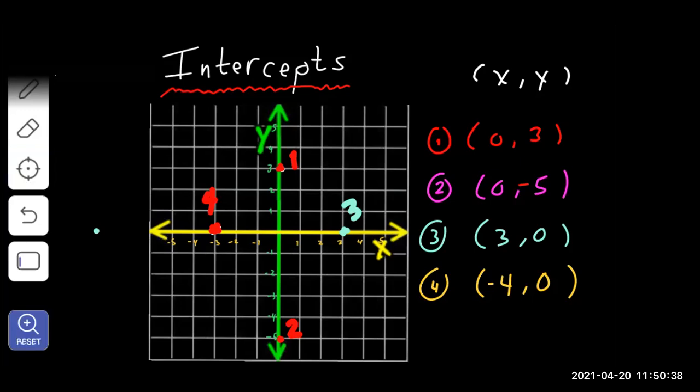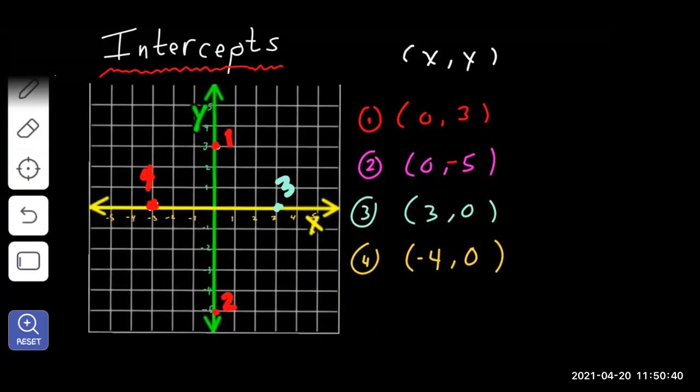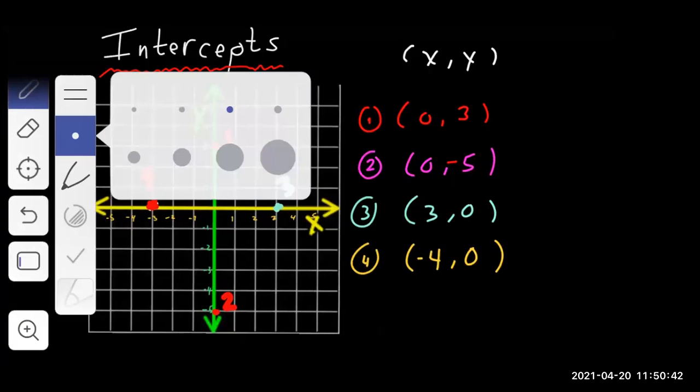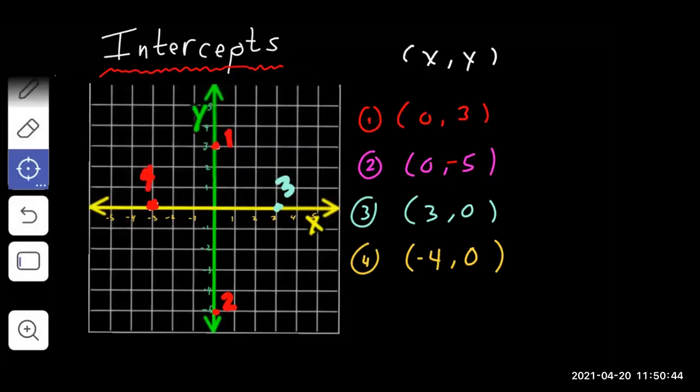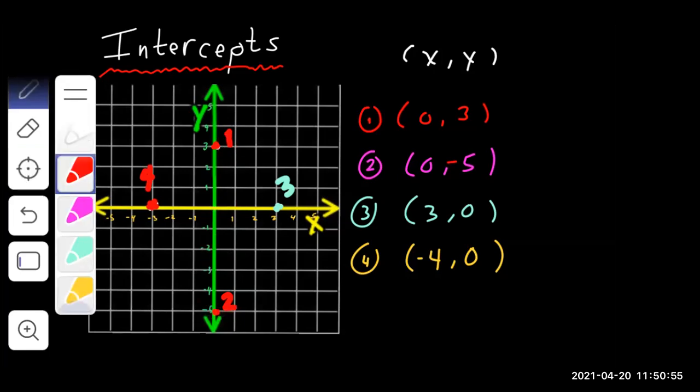But guys, maybe I'm moving a little bit ahead, because I'm supposed to explain this later. But I want you to notice something. The first and the second ones are both y-intercepts, right? Because you're touching the y axis.